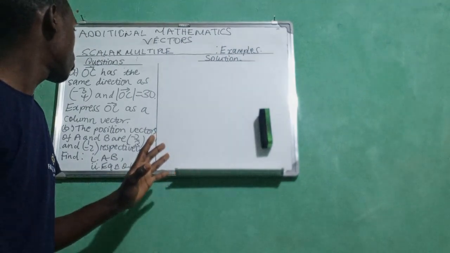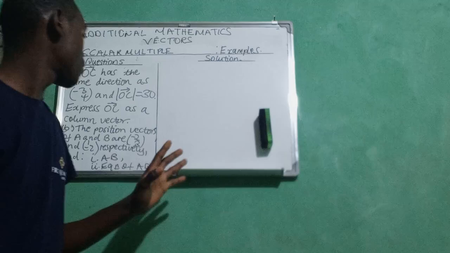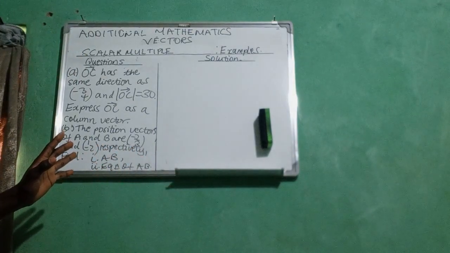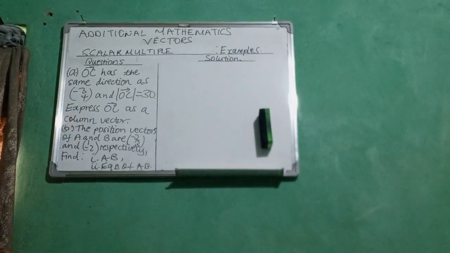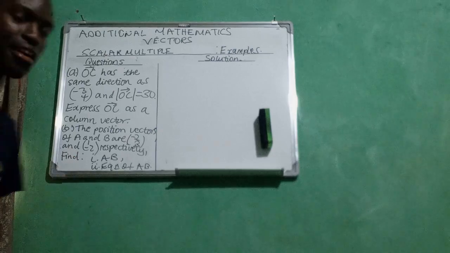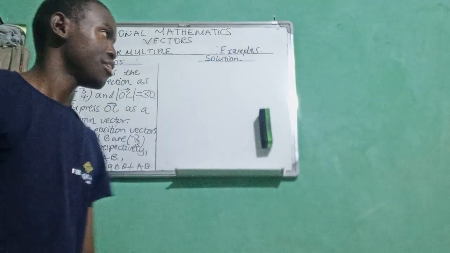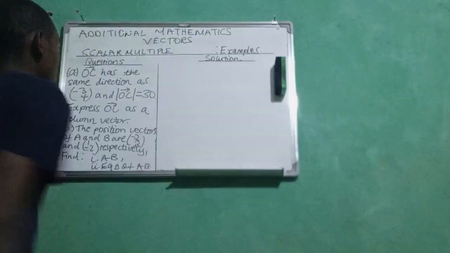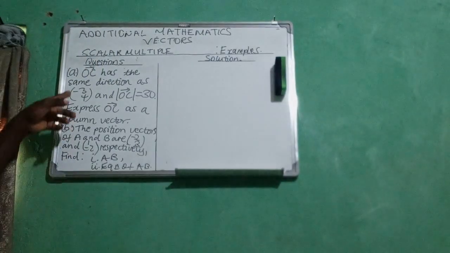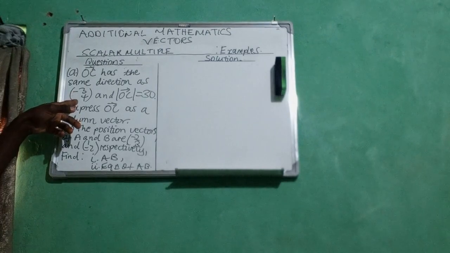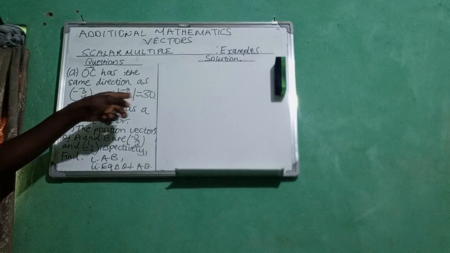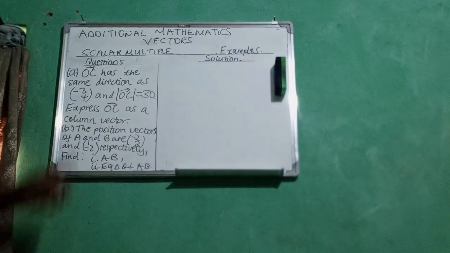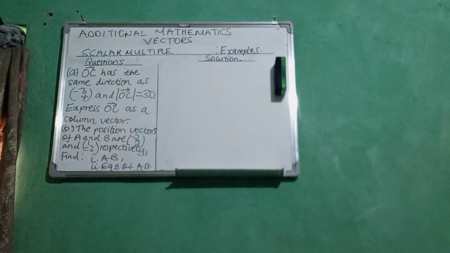In this video, I'm going to solve part A, and then in the next video we are going to answer part B. The question reads: OC has the same direction as (-3, 4), and the magnitude of OC is equal to 30. Express OC as a column vector.